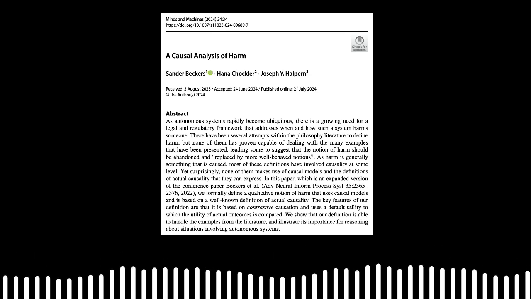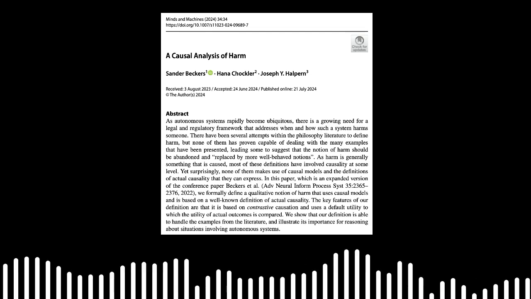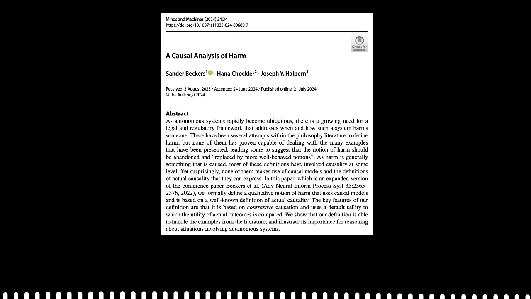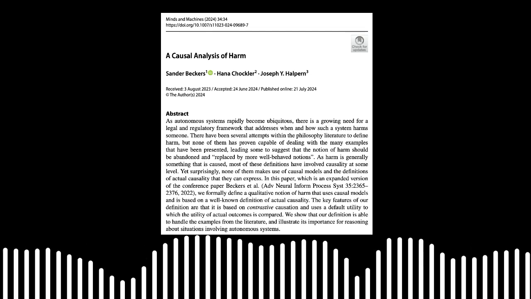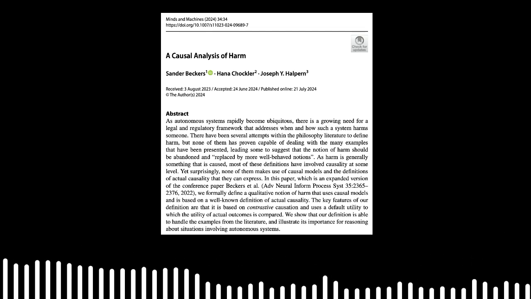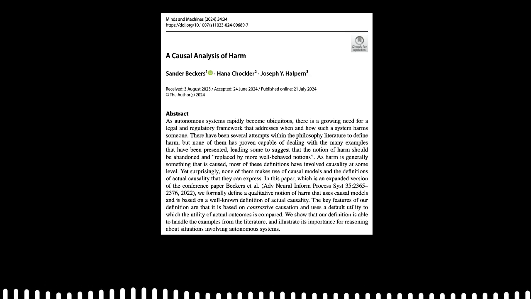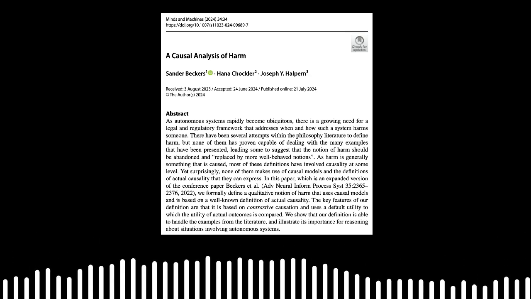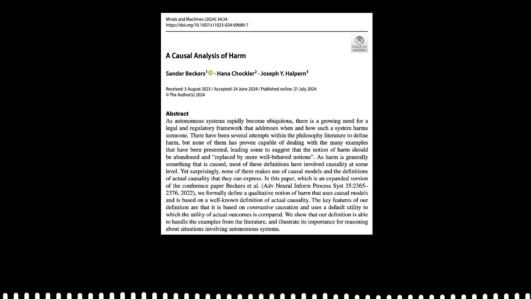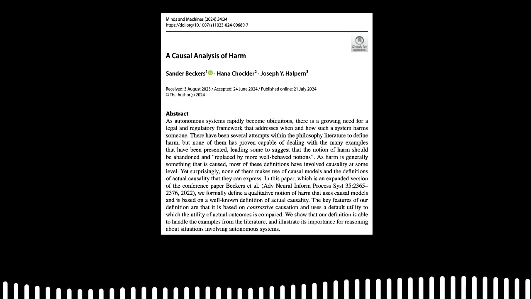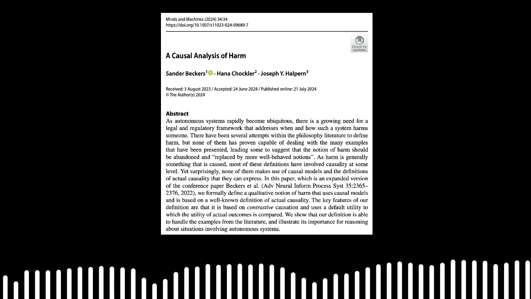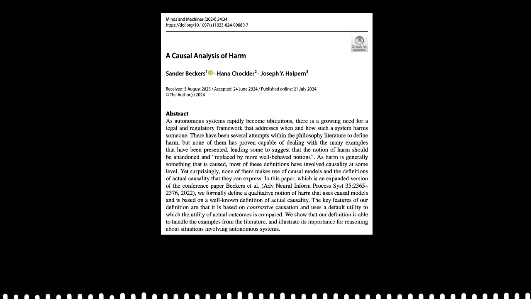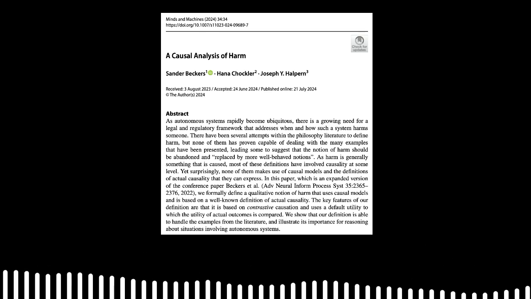Okay, so we've seen how this new framework can handle cases of preemption. What other tricky situations can it help us untangle? Well, another challenge in defining harm is distinguishing it from merely failing to benefit someone. And Batman, being the brooding hero that he is, often finds himself in these kinds of dilemmas. Oh, I have a feeling this is going to be good. Give me the details.